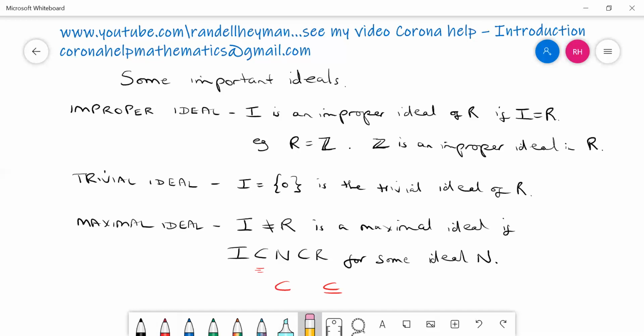So I'm sorry about that. In fact, just to make it clear, you go like this, not equal. So I is a subset but not equal to N, which is a subset but not equal to R for some ideal N. So what we're saying is between I and R, there has to be another ideal.